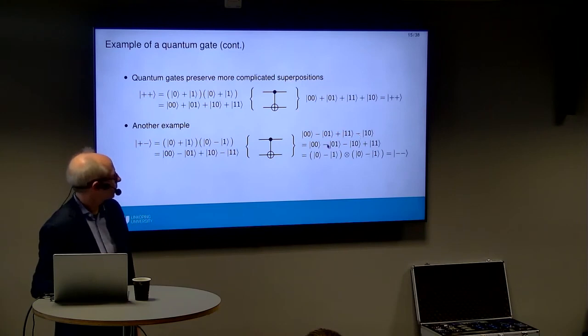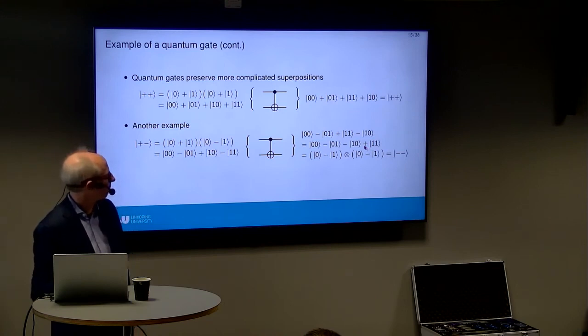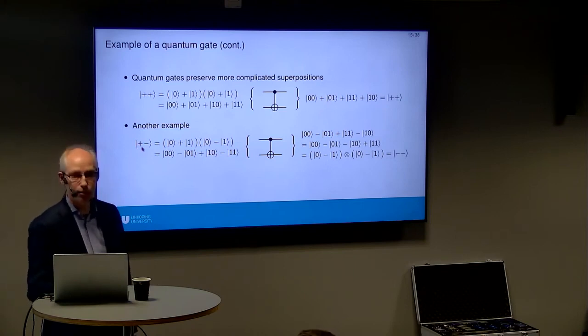Okay, so let me reorder them so they are in the same order as before. It turns out that this superposition here is actually equal to this. If both are 0, you get a plus sign. If both are 1, we also get a plus sign. Okay, this times that. So something happened. This is a different state than that.